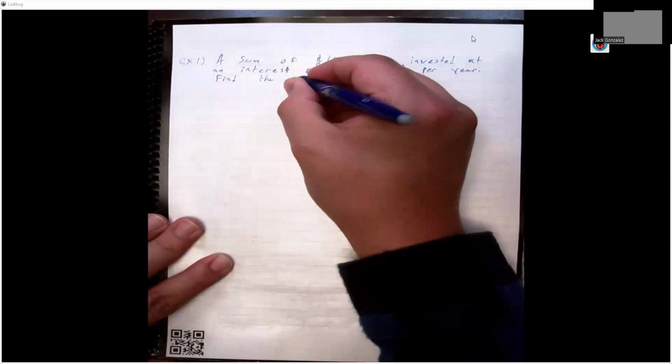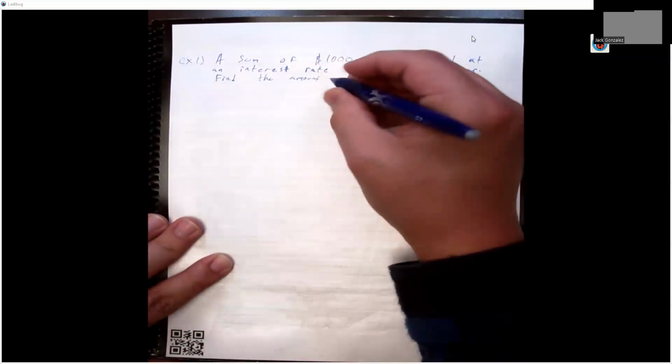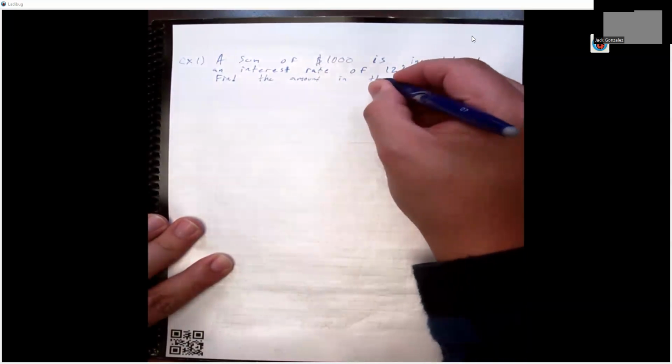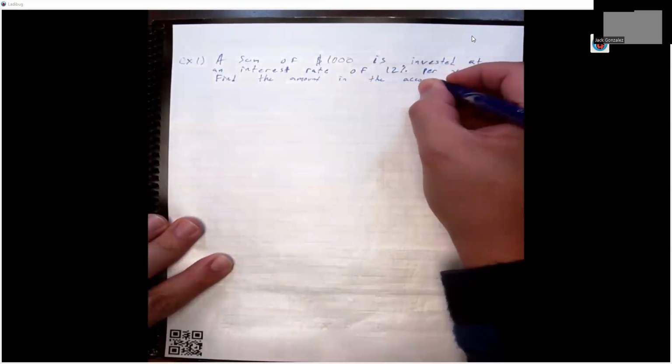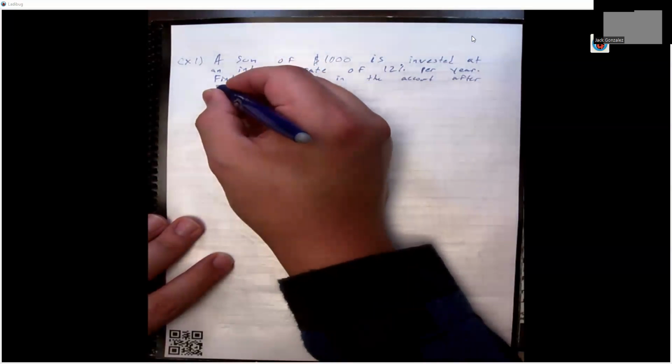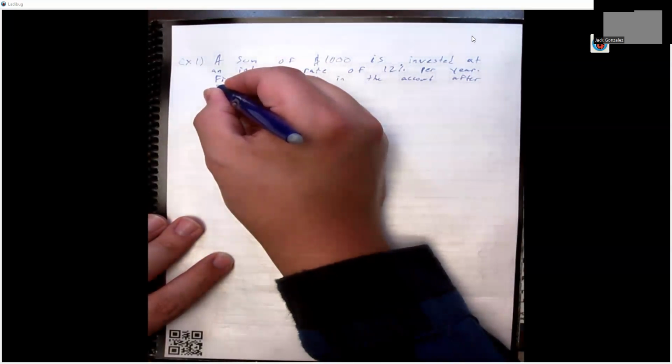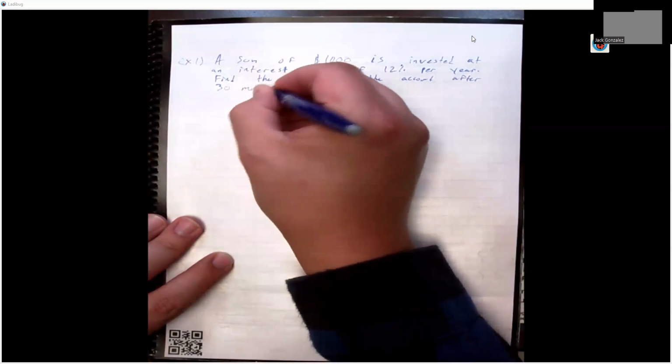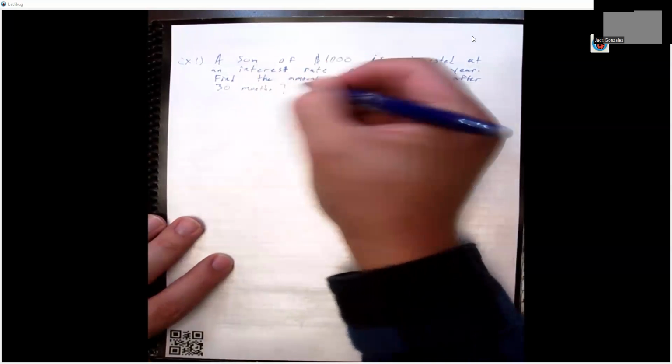Find the amounts in the accounts after, I don't know, let's say 30 months. So they're trying to confuse us. So 30 months.